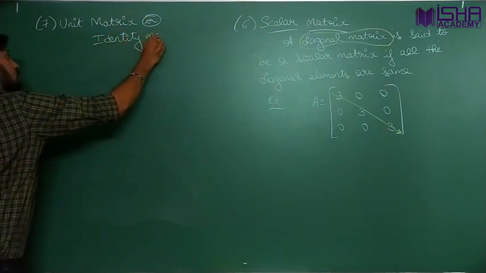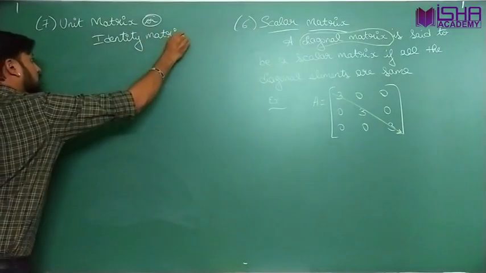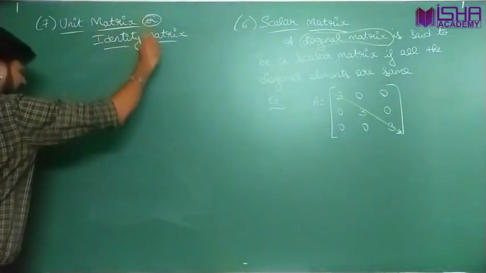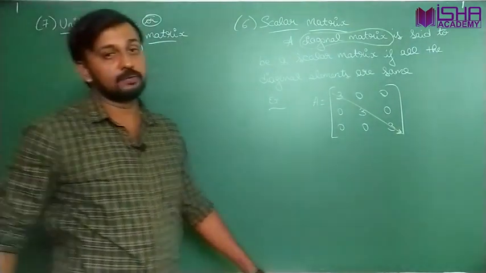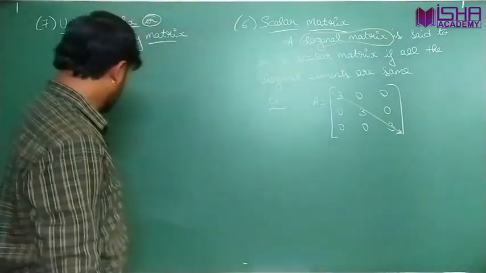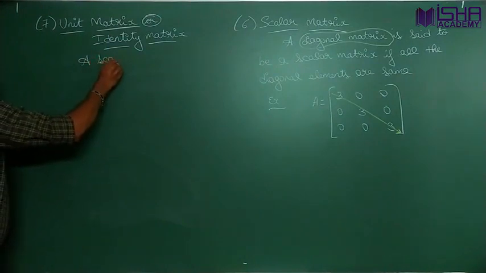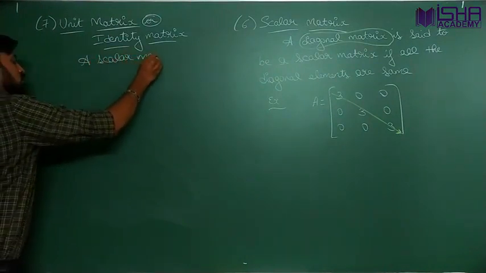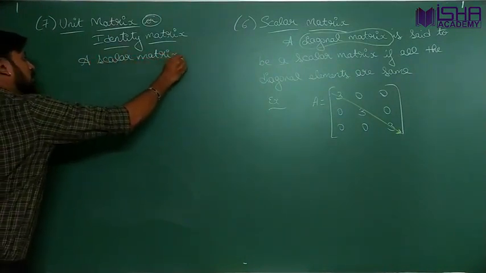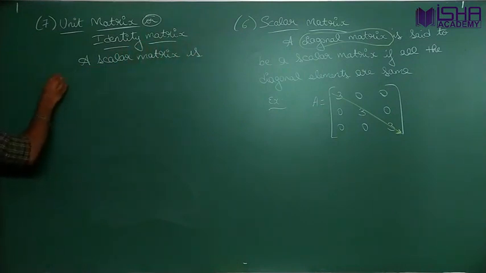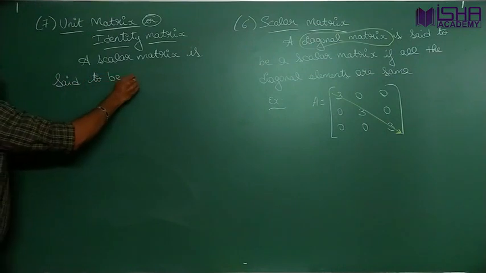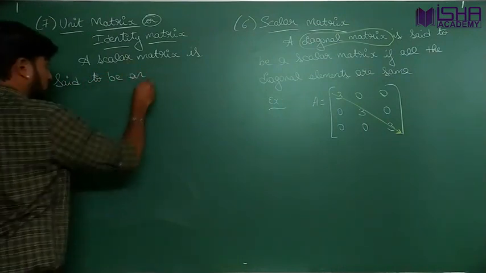Unit matrix or identity matrix. So what do you mean by a unit matrix or identity matrix? A scalar matrix is said to be an identity matrix or a unit matrix.